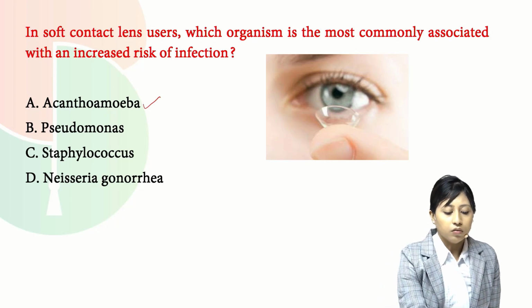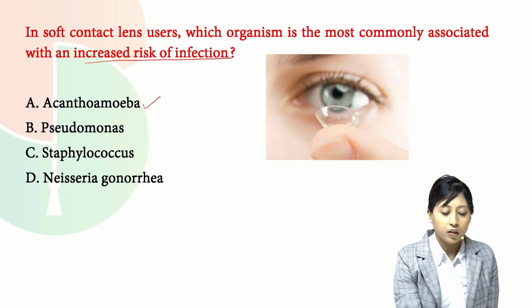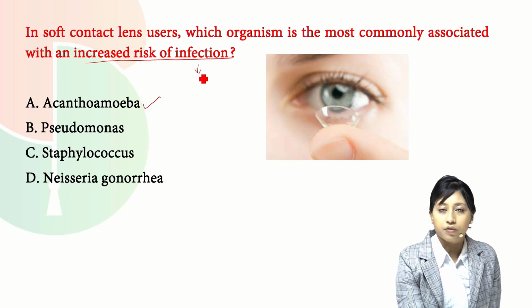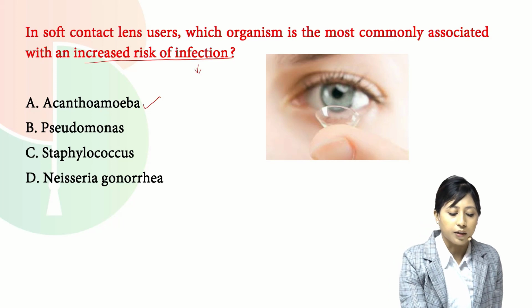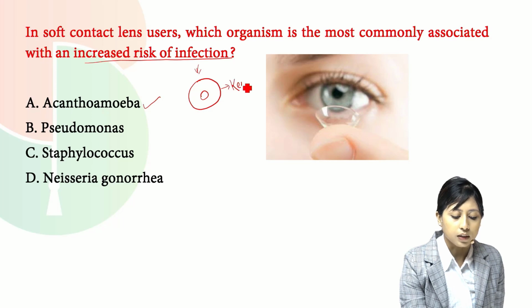So in the question there is an increased risk of infection. What kind of infection? The infection will obviously affect the cornea. So if it affects the cornea, then it is termed keratitis.